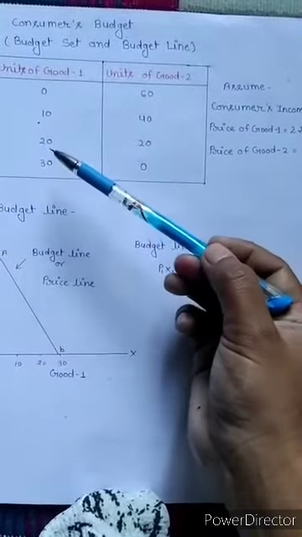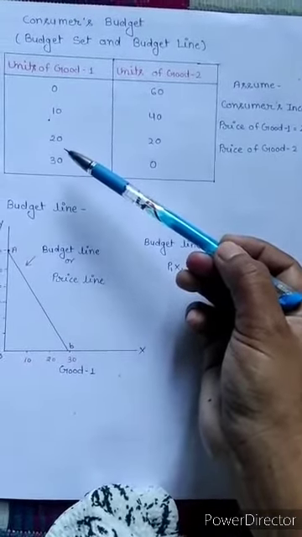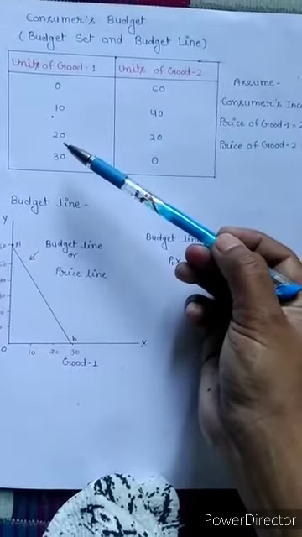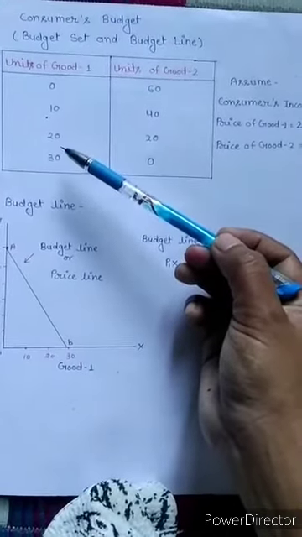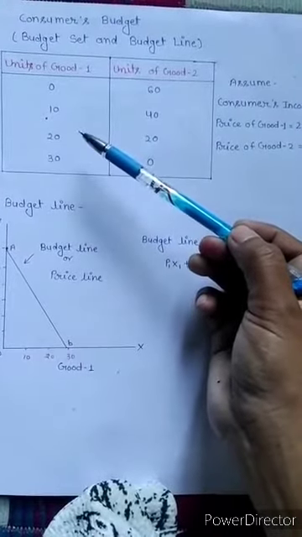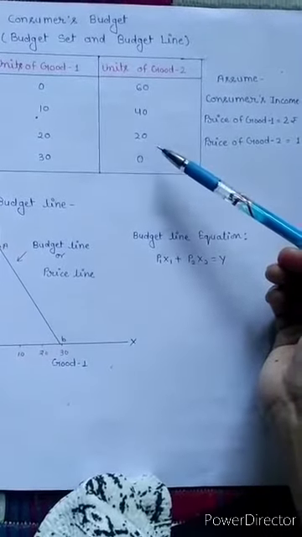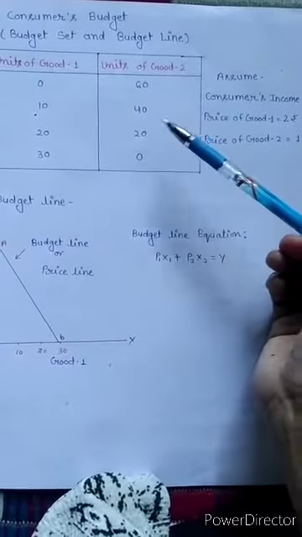Here in the third condition, if the consumer purchases 20 units of goods 1, means if he spends 40 rupees for purchasing goods 1, then he spends 20 rupees for purchasing goods 2.